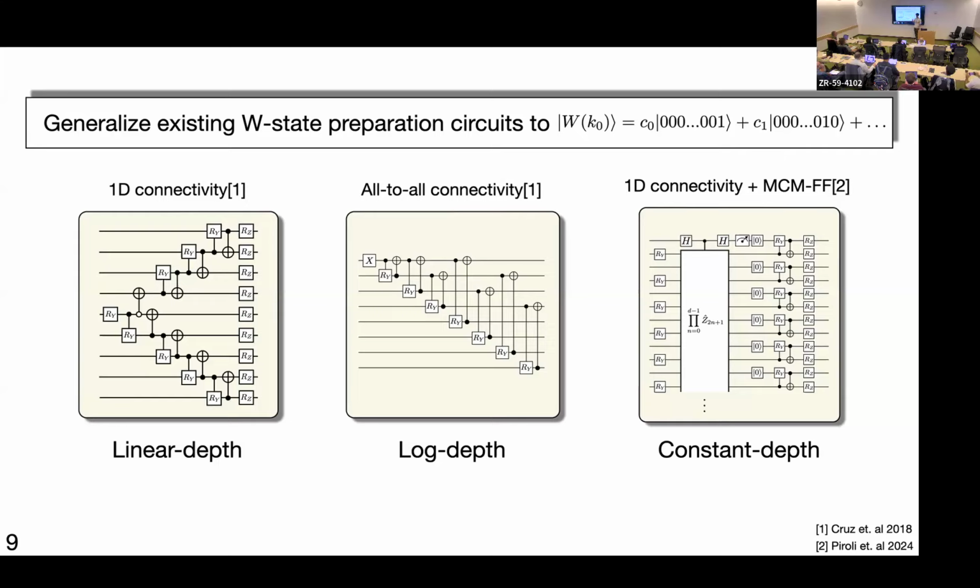But if you have all-to-all connectivity, you can improve this to be logarithmic depth. That's already a pretty big, exponential improvement. But then if you have 1D connectivity and you also have access to mid-circuit measurement and feed forward, you can actually do this in constant depth. And so this is how we were able to reduce our wave packet preparation to just being constant depth. This is generalizing and building off of a paper from last year by Droley et al.